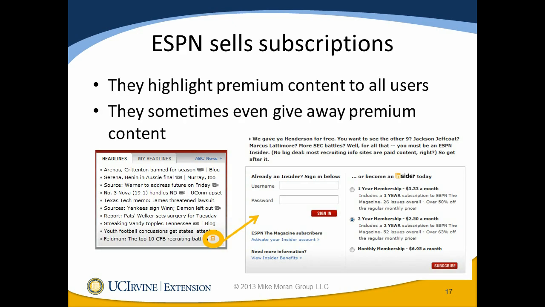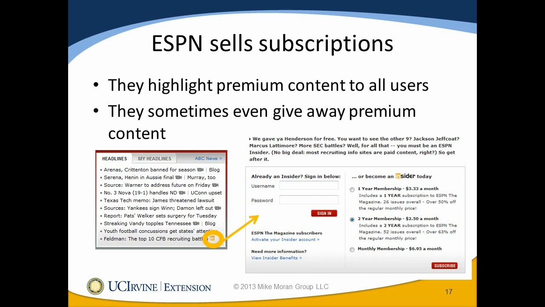So I mentioned before, ESPN sells subscriptions. I talked earlier about how they have subscriptions to their offline magazine. You can see on the screen where it has ESPN the magazine. But they also have something called an Insider, where they'll highlight premium content to all of their users. You can see the little IN logo next to a particular story.